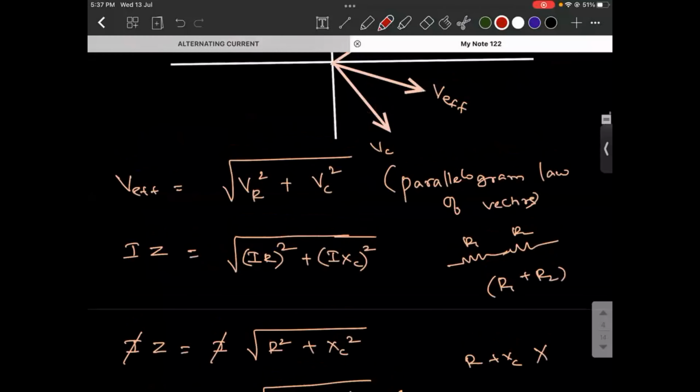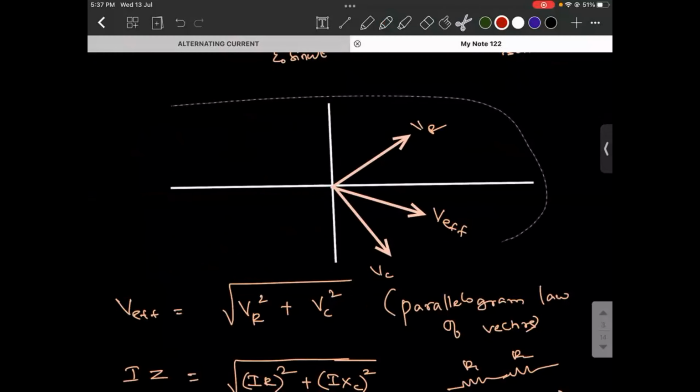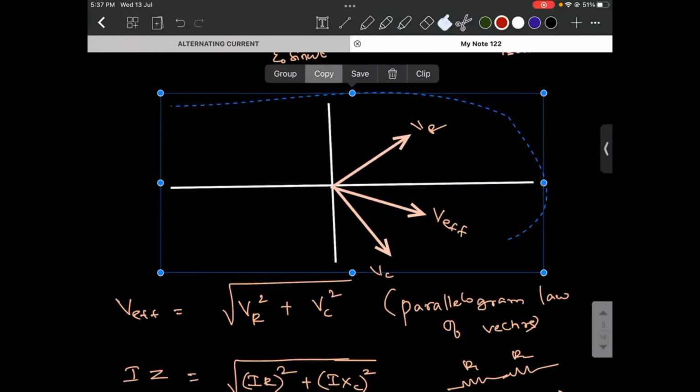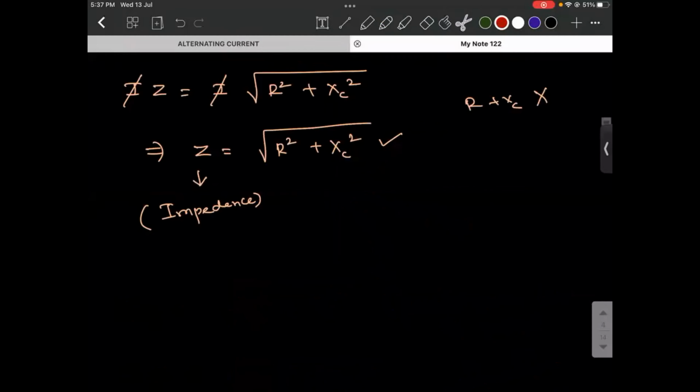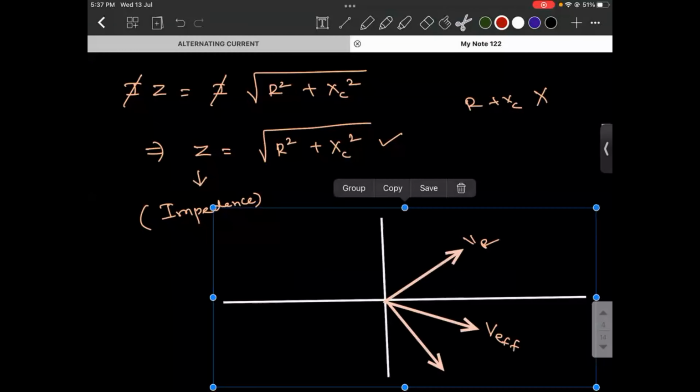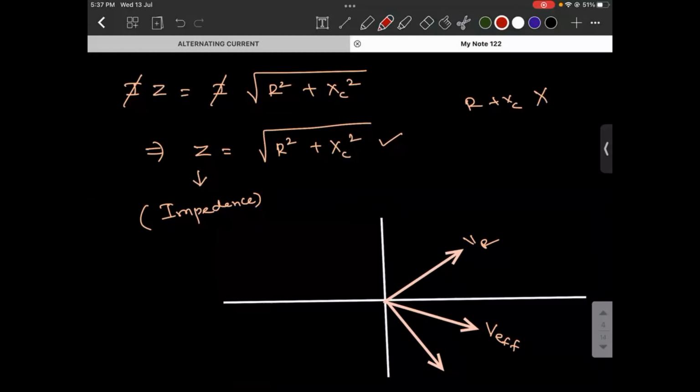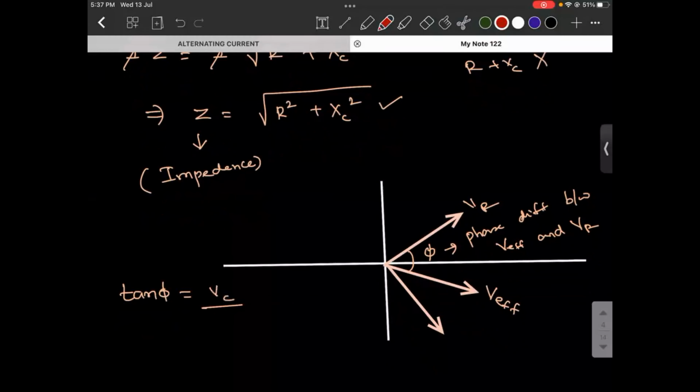Similarly, if I take the whole circuit diagram again, and if I say this is phi, where phi is the phase difference between V effective and VR, then I can write tan phi is equal to VC divided by VR.